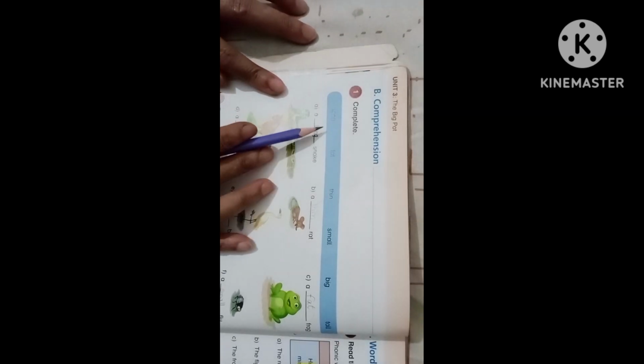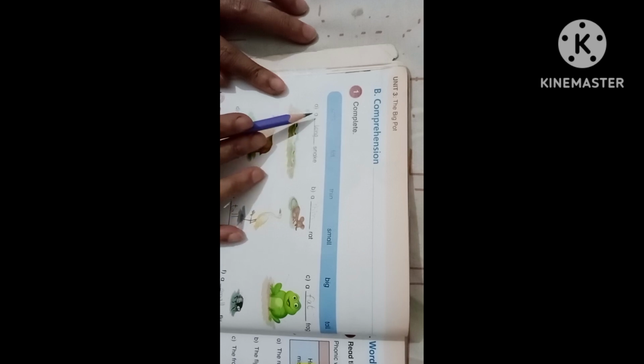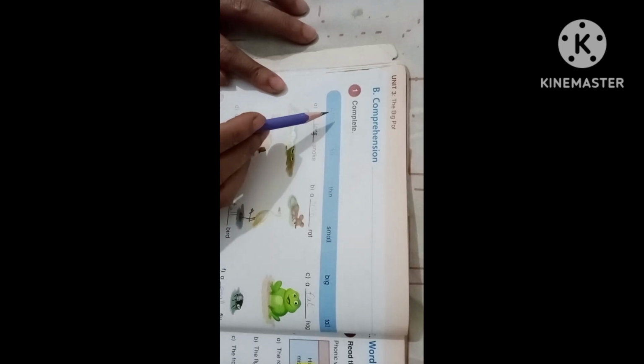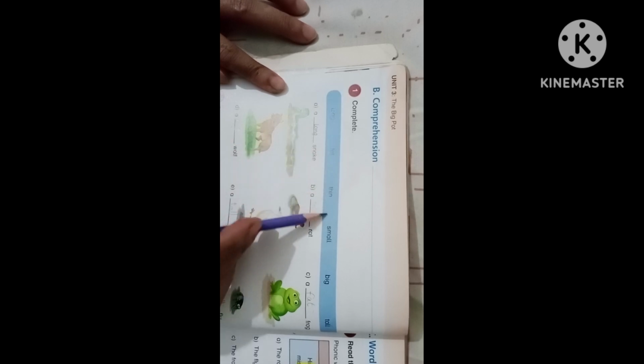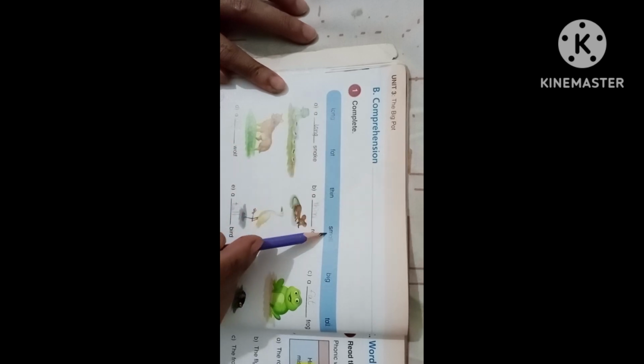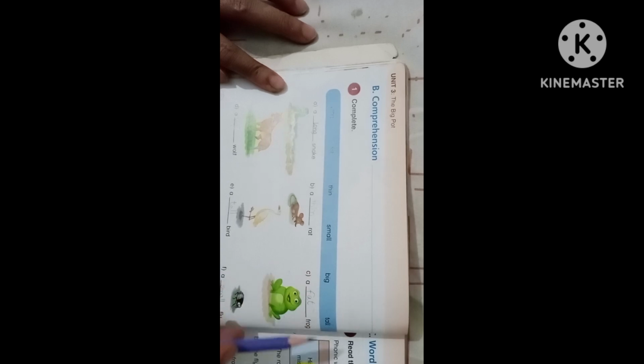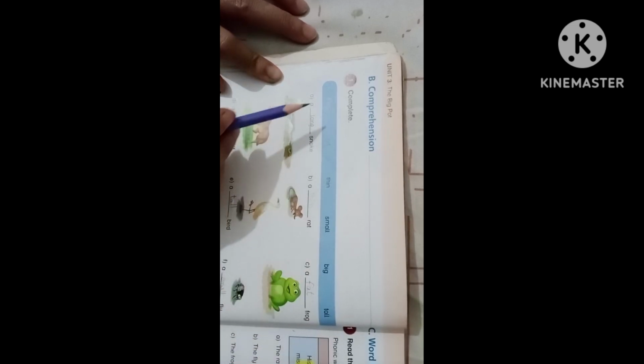B1, complete these lines with suitable words: long, fat, thin, small, big, tall.